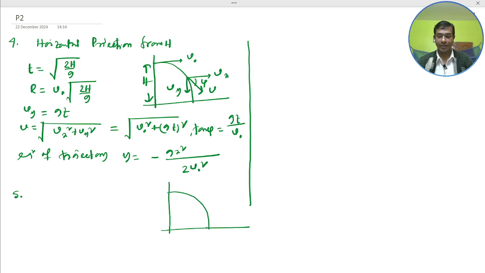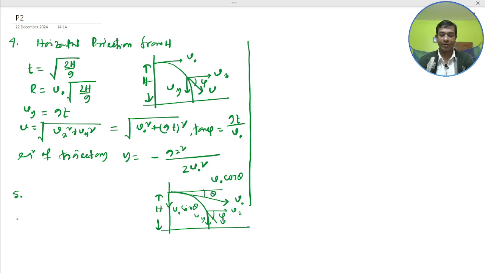This is the projectile, and here h, and this is the v naught cos theta here, this is angle theta, so here it would be v naught cos theta, and here vx, vy, this is the v and this is the phi, and here v naught sin theta.